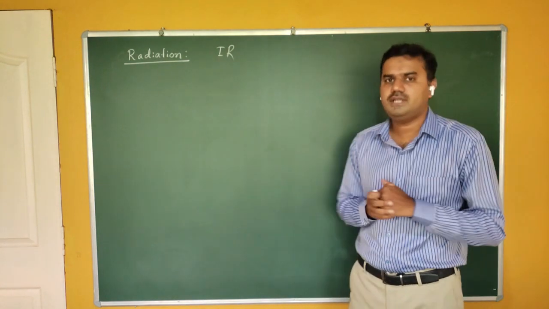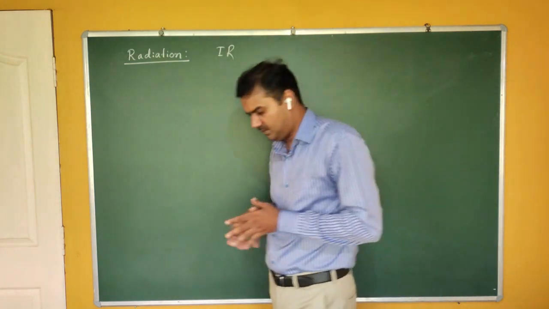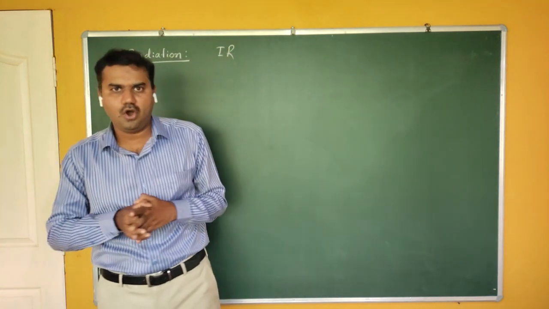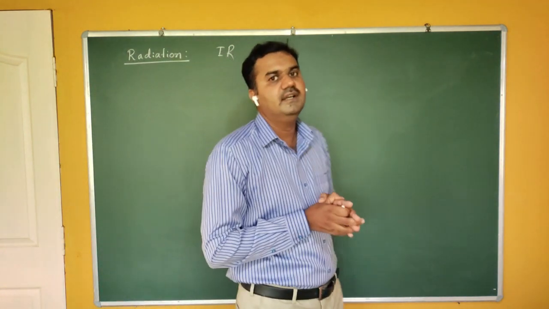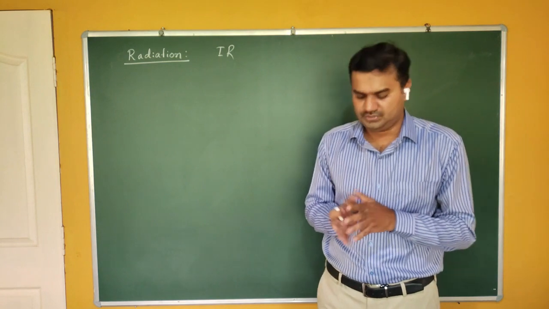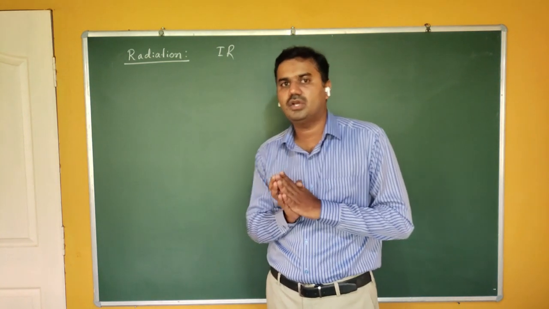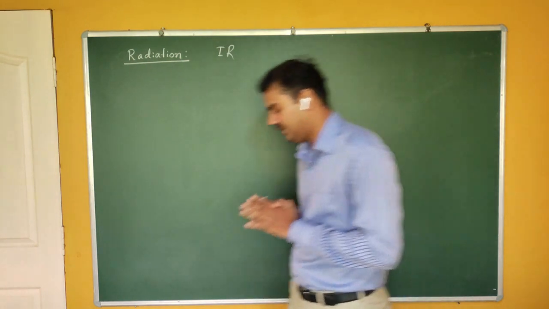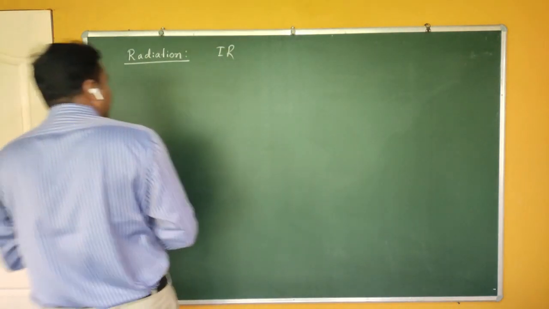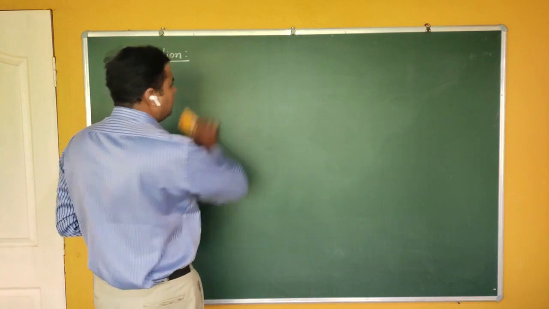Visible part: violet, indigo, blue, green, yellow, orange, red. Now these are all nothing but electromagnetic radiations, and IR or heat radiation is part of those electromagnetic waves. Okay, so in higher classes you study more about this radiation.